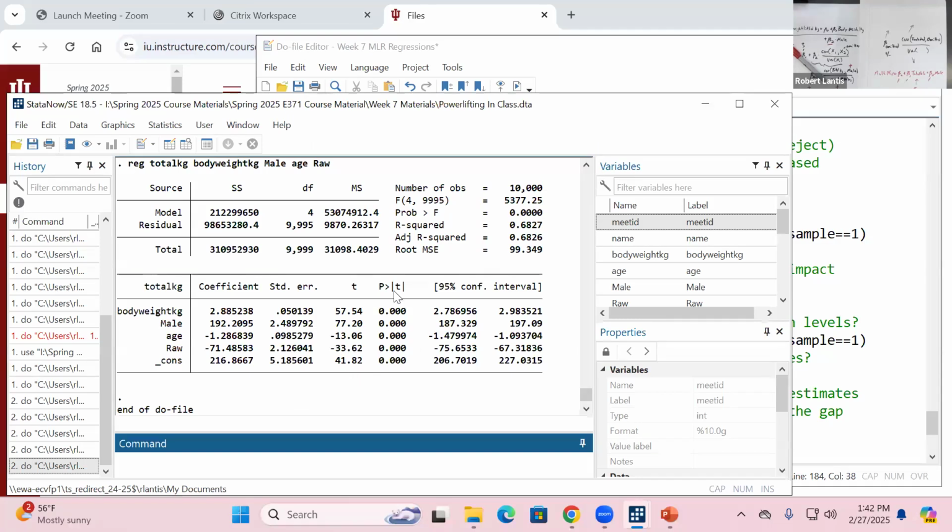Let's say I left out these three columns. And I asked you which of the following variables at the 95% level can you say have a statistically significant effect on this dependent variable of total weight lifted? So you don't have the p-value, you don't have the test statistic, you don't have the standard errors. What are you going to have to use to determine whether or not I can reject the null?